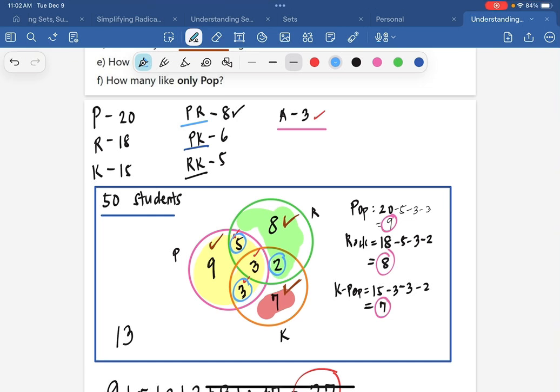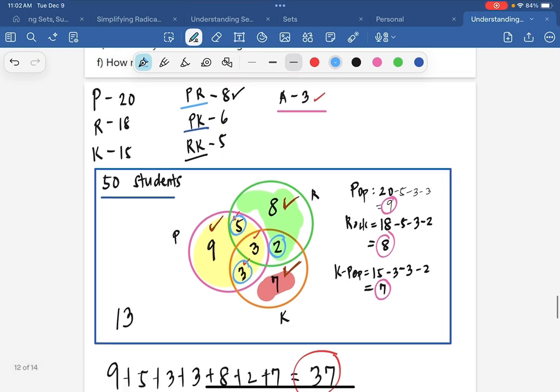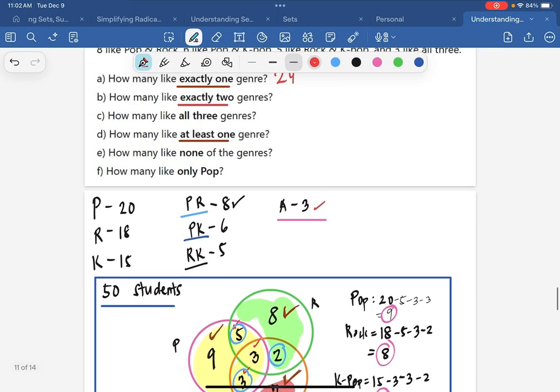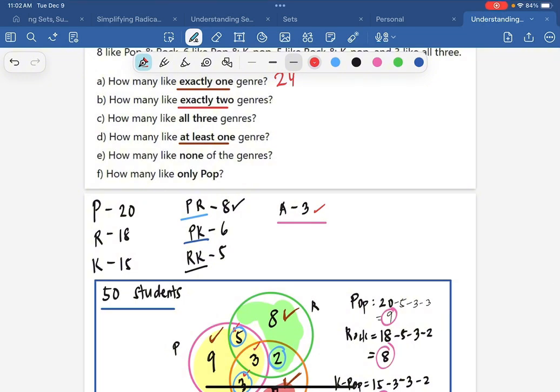So you just need to add them. So for exactly 2, you get 5 plus 2 plus 3. So based on this, the answer is 10.